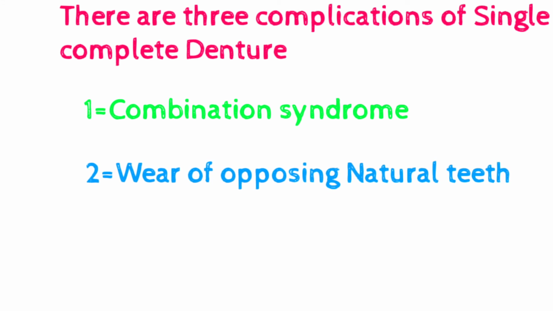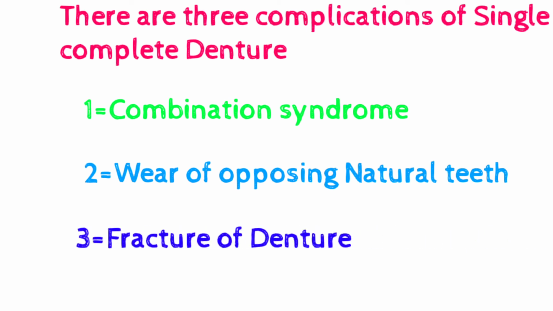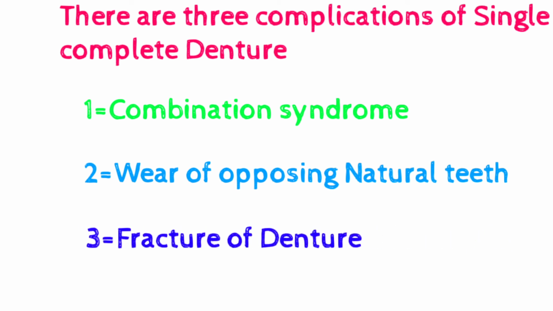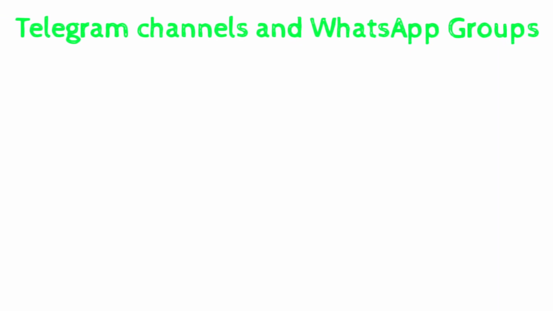Now come to the second complication, wear of opposing natural teeth. The third is the fracture of the denture. These are the 3 complications. Wear of opposing natural teeth occurs because a single complete denture causes wear of natural teeth, and second, fracture of denture is due to the single complete denture artificial teeth opposing the natural teeth.